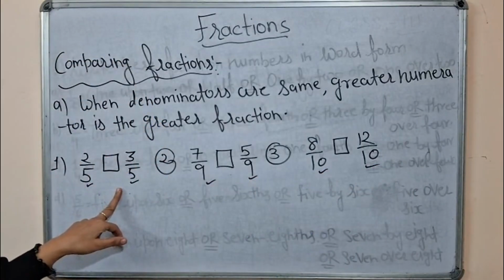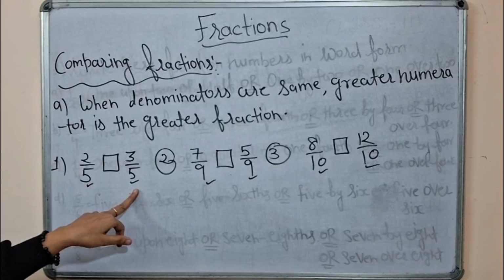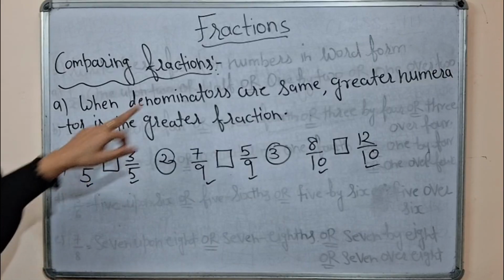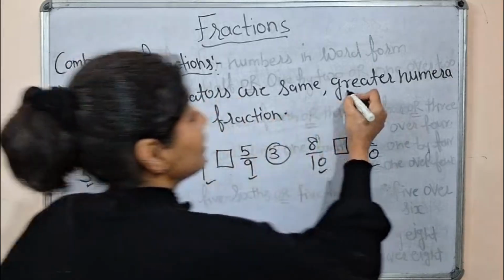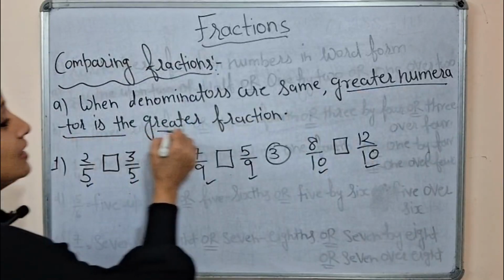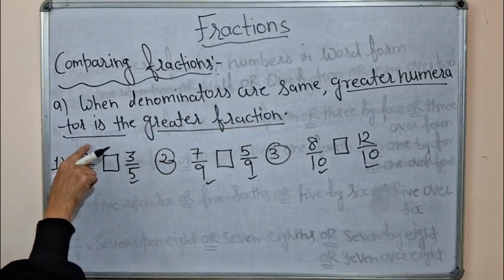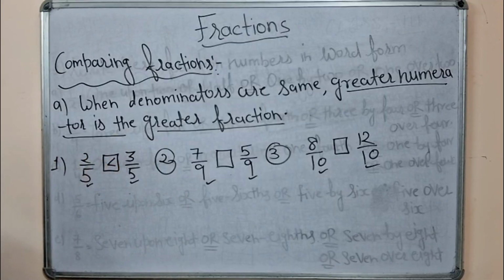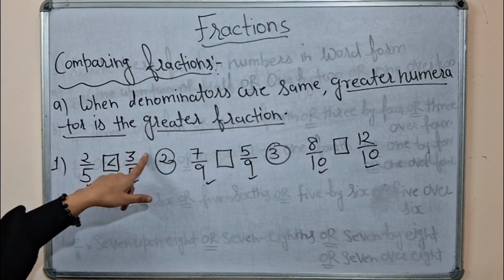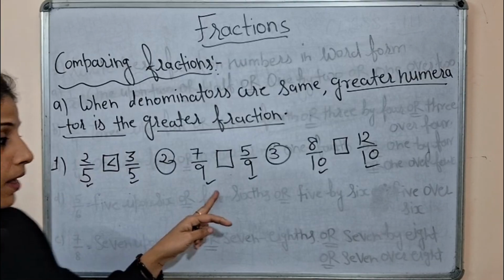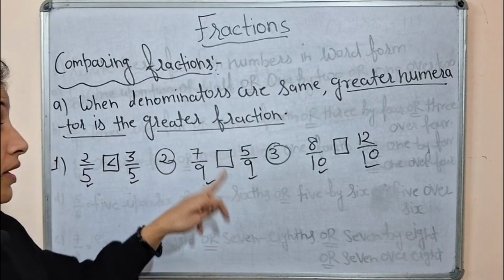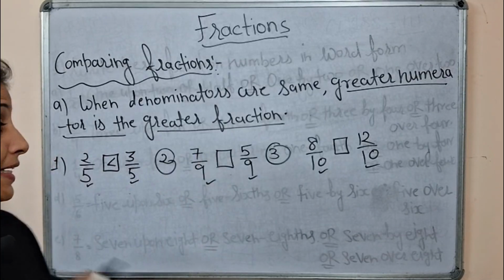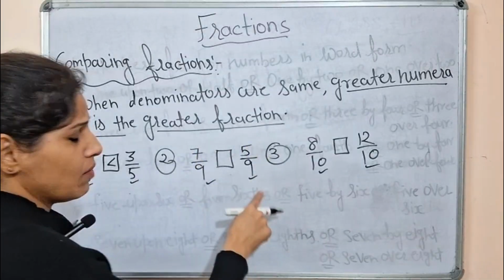So, let's do the first part. When denominators are same, 5 and 5, greater numerator is the greater fraction. So 2 and 3, 3 is greater. So 3 upon 5 is greater than 2 upon 5, correct? Because here the numerator is 3, which is greater than 2. Moving on to part 2, the question says which one is greater, 7 upon 9 or 5 upon 9?